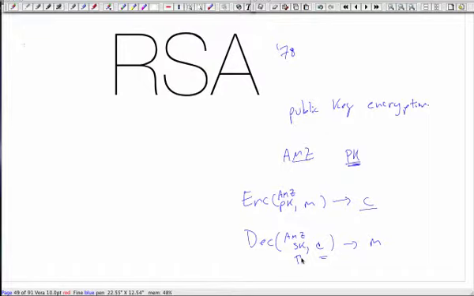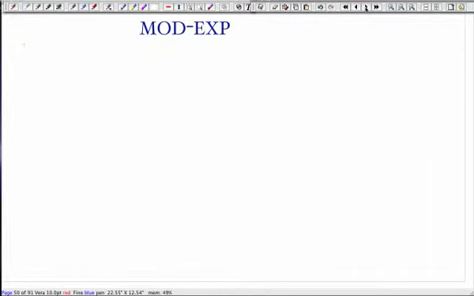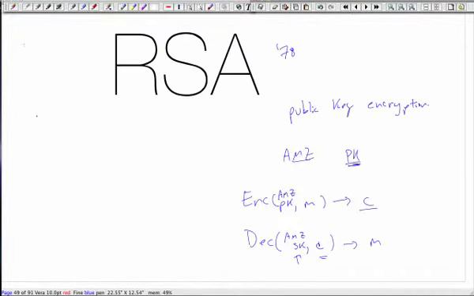Okay, so what are the big ideas that we need in order to implement them? In fact, I'm going to tell you that I think you only need 4 ideas. You have to know the idea of modular exponentiation.